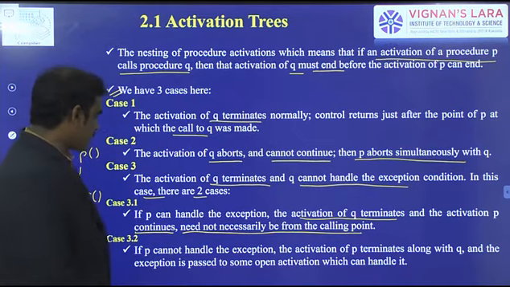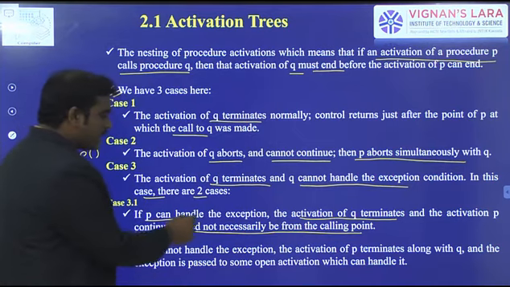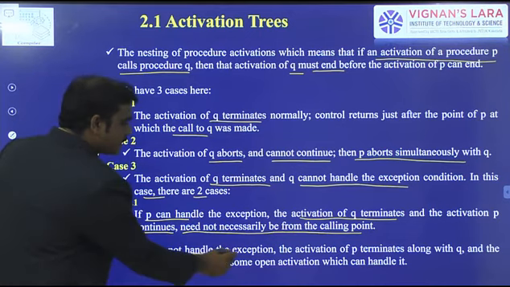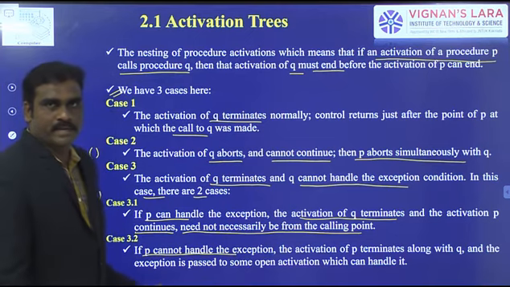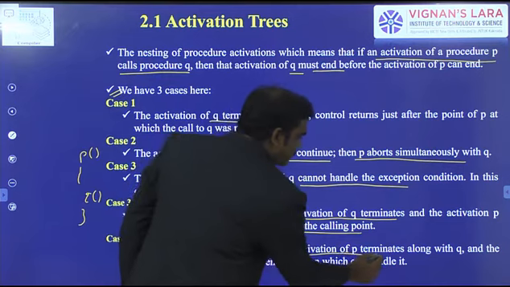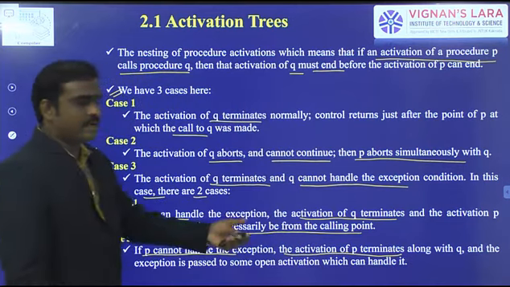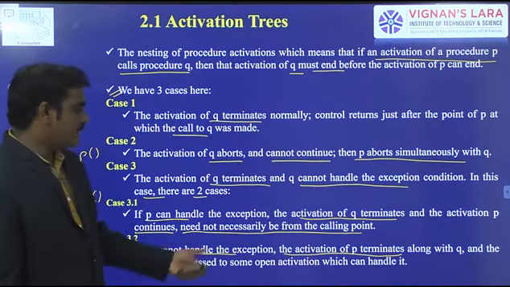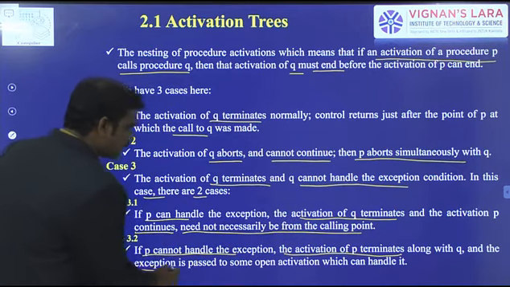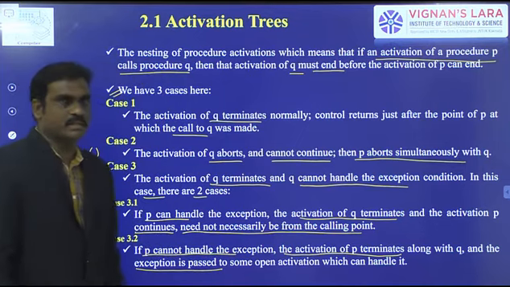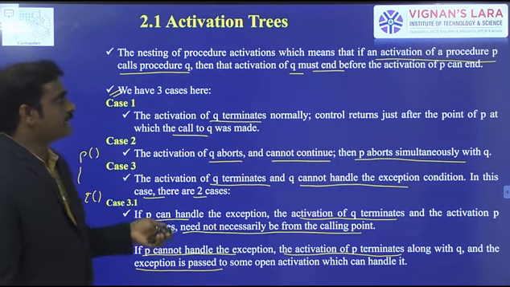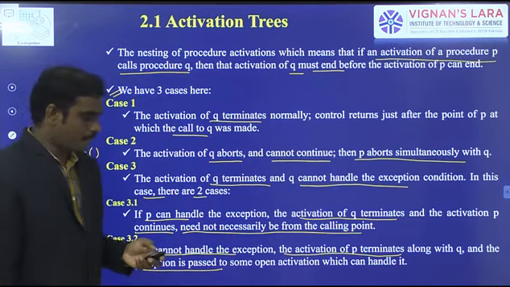And the second point is, in the second case P cannot handle the exception. Now, the activation of P terminates along with Q, and the exception is passed to some open activation which can handle it. So these are the conditions for the activation tree.